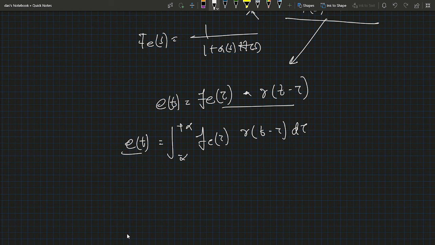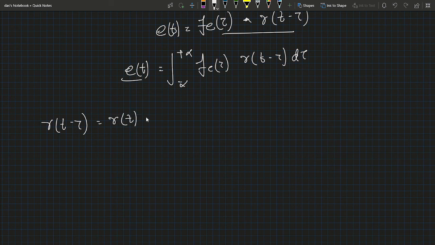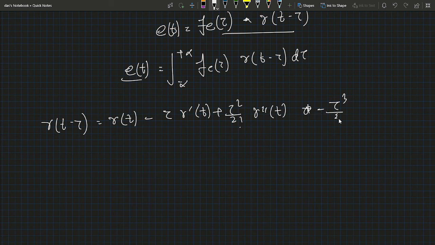So one thing to mention: r(t minus tau), if we take the Taylor series form, is expressed as r(t) minus tau r dash t plus tau squared by 2 factorial r double dash t minus tau cubed by 3 factorial r triple dash t, and so on. This is from the Taylor series expression.